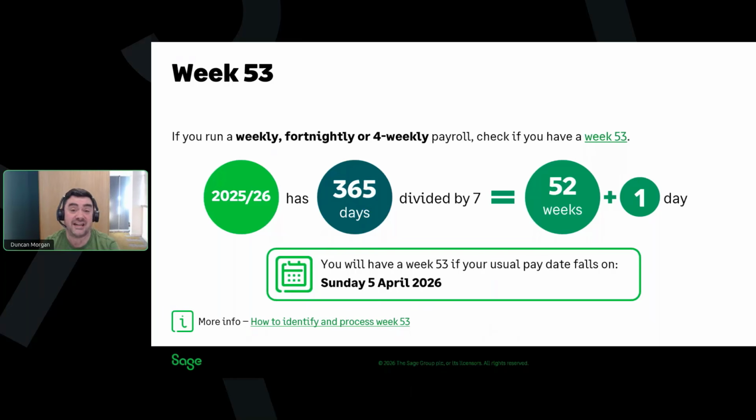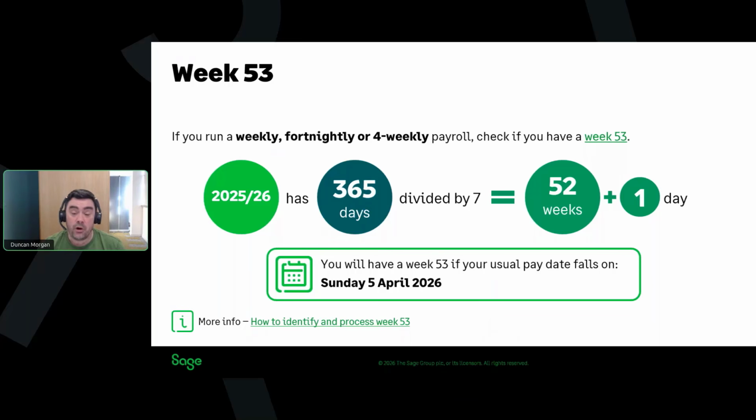And then they might have a tax code change as a result of that, or they might end up repaying some tax to HMRC. But all you need to be worried about is whether you've got one. Don't process a week 53 if you don't have one, and don't try to avoid one if you do. And you can actually read more about week 53 and how that all works by following the link on the slide.